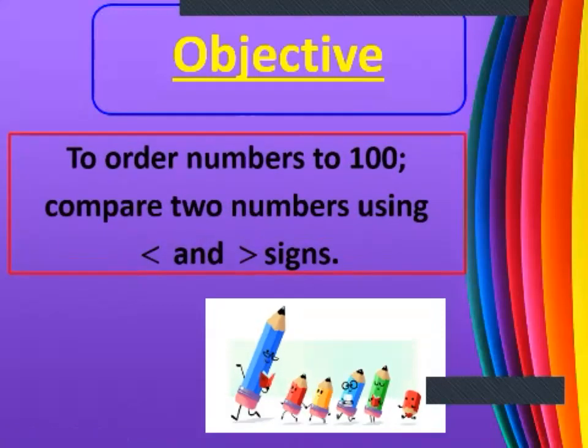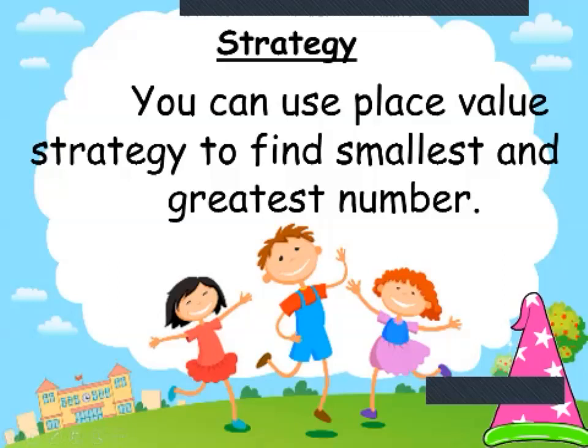To order numbers to 100, compare two numbers using greater and less than signs. Next, strategies. What are the strategies you are going to use? You can use place value strategy to find smallest and greatest number.